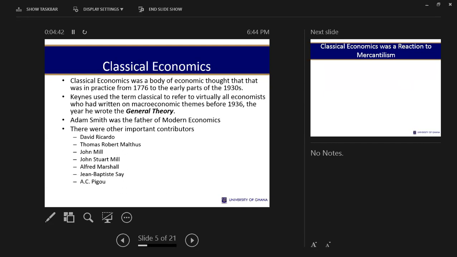This is Robert Malthus, John Stuart Mill, Alfred Marshall. If you hear the Marshallian demand curve, this is the guy who brought the Marshallian demand curve. And then Jean Baptiste Say, he brought Say's law. Okay, and then Cecil Pigou. I mean, all these people were those economists that existed before the Keynesian revolution. Okay, so this is just some history. It will never come anywhere.